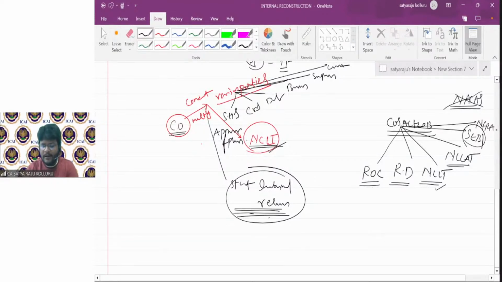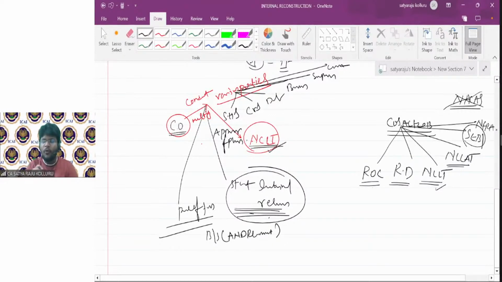So in this internal reconstruction process, our entire concentration will be there. Next, after completion of internal reconstruction, the company should prepare the financials as usual. At the time of preparing the financial statements, in fact the balance sheet, it should add the words 'and reduced'.